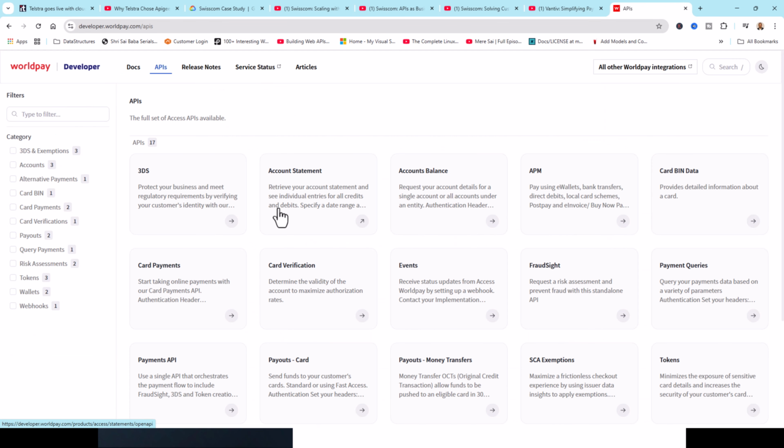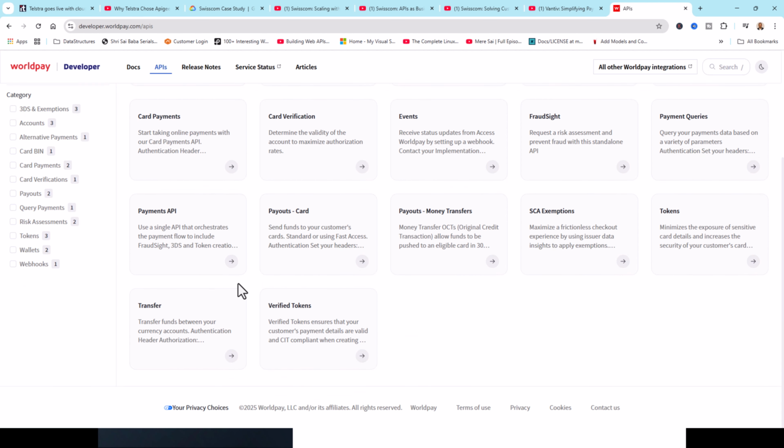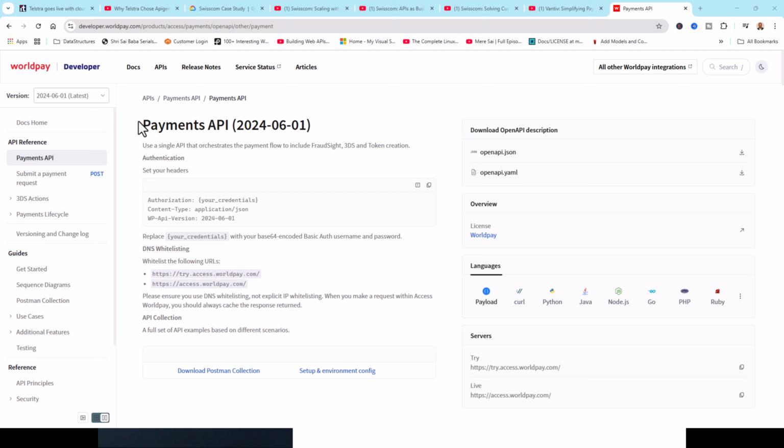These are all the APIs that can be used. Payments API, payouts card, payouts money transfer. So this is the payments API. Okay, so it integrates Apigee X. WorldPay integrates Apigee X to offer payment processing APIs. So it has been developed in collaboration with Apigee X.